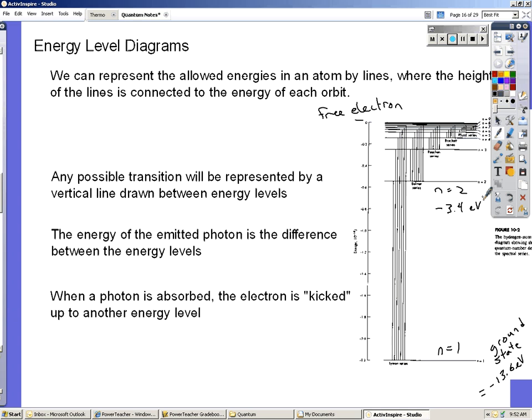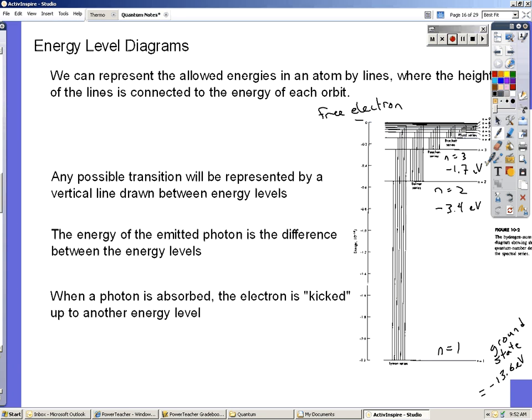Then there's the n equals 3 state, which has an energy of, I don't know off the top of my head what the energy is, I think it's about 1.7. And then you have n equals 4, n equals 5, and so on. There's an infinite number of energy levels, but they get spaced really, really close when they get towards 0.